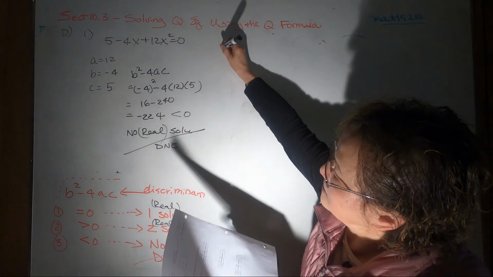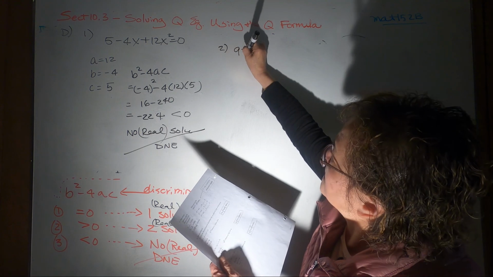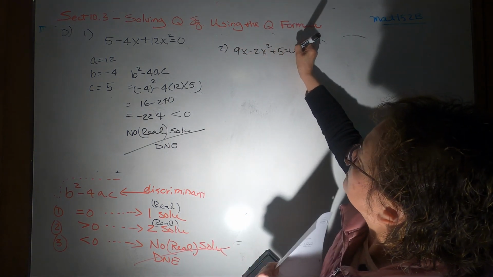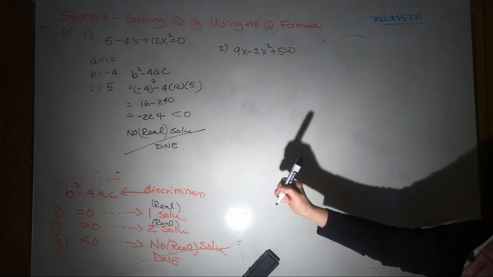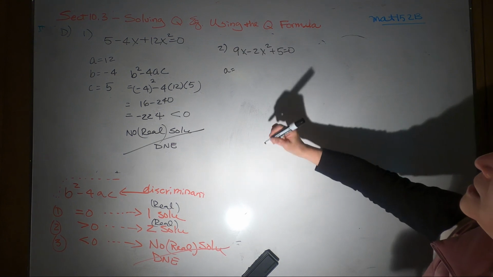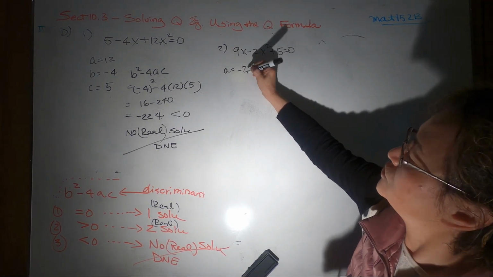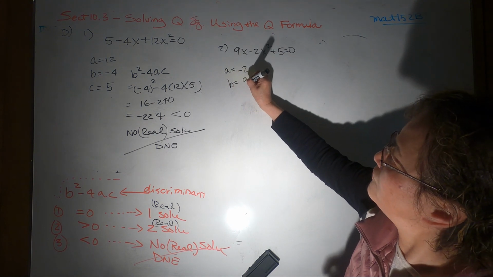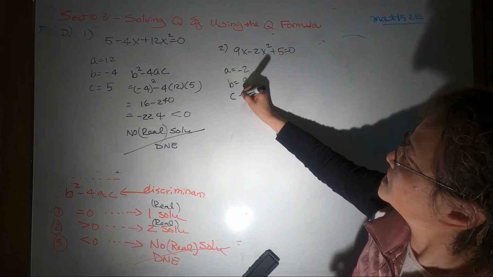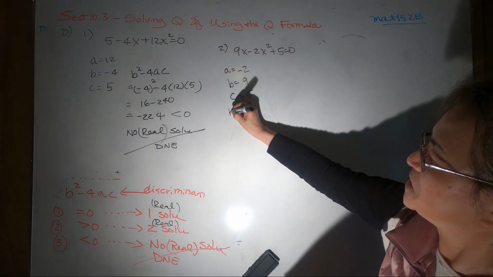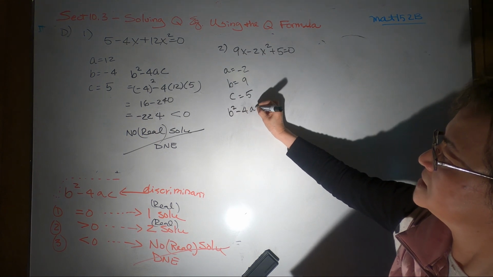So that's how we decide quickly instead of actually solving it. So look at the next one, -2x squared plus 9x plus 5 equals 0, right? To decide what kind of solutions, we do this. What's your a? -2, right? What's your b? Write in standard form. What's your c? 5, right? Then what's our b squared minus 4ac?